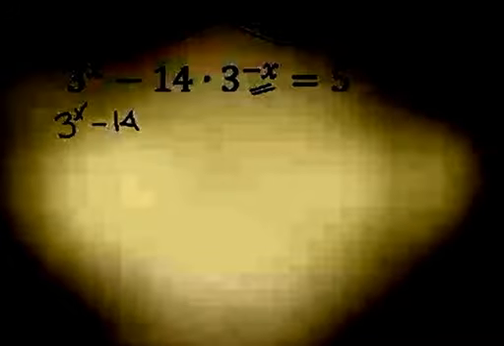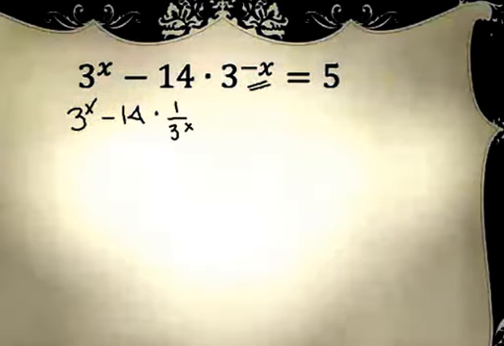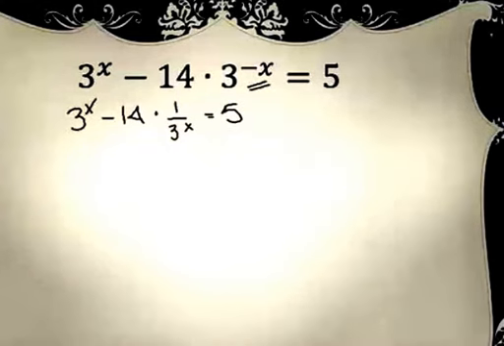This one's a little more difficult than the ones we've done before, mainly because we have this 3 to the negative x. The first thing that I did was I actually changed 3 to the negative x to 1 over 3 to the x equals 5. I really couldn't think of anything that I could u substitute, so what I actually did was I just multiplied everything by 3 to the x.